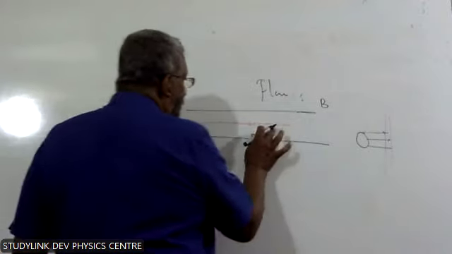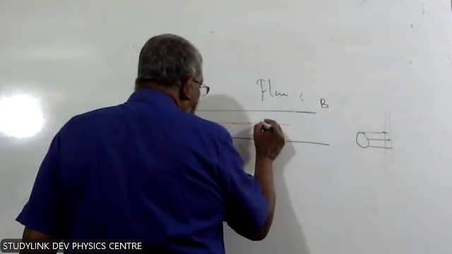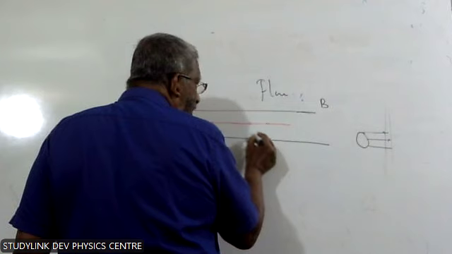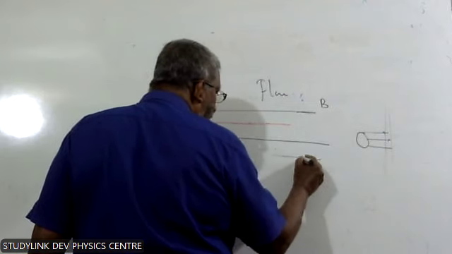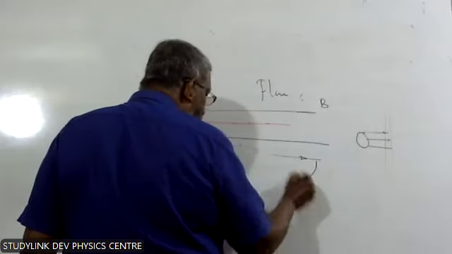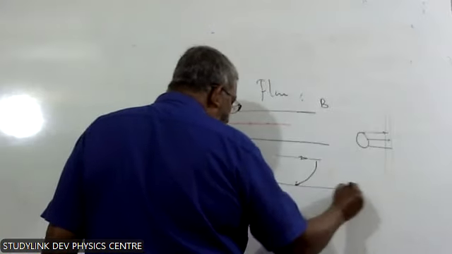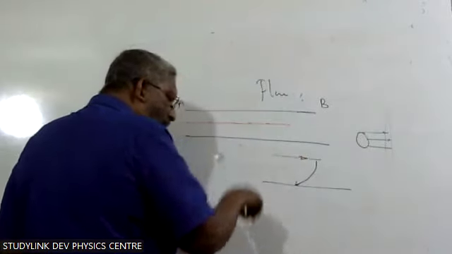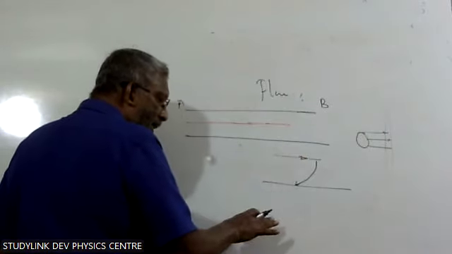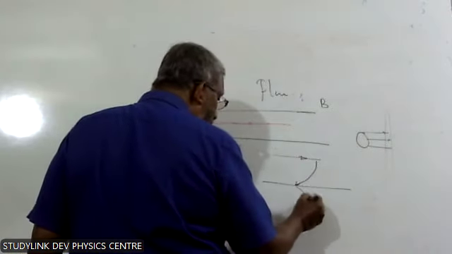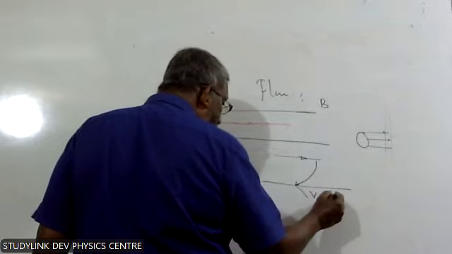The velocity is maximum at the axis, and towards the inner wall the streamline velocity reduces. When it reaches the inner wall, the streamline right at the inner wall has a velocity of 0.